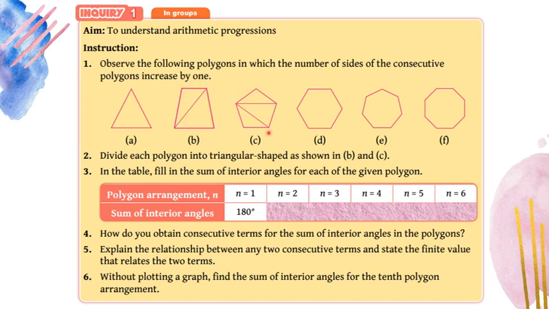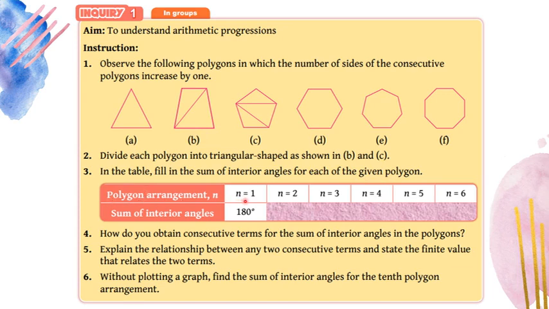And this is a pentagon, number of sides is 5, and 6, 7, 8, and so on. Divide each polygon into triangular shapes, bentuk segitiga, as shown in B and C. In the table, fill in the sum of interior angles for each of the given polygons.